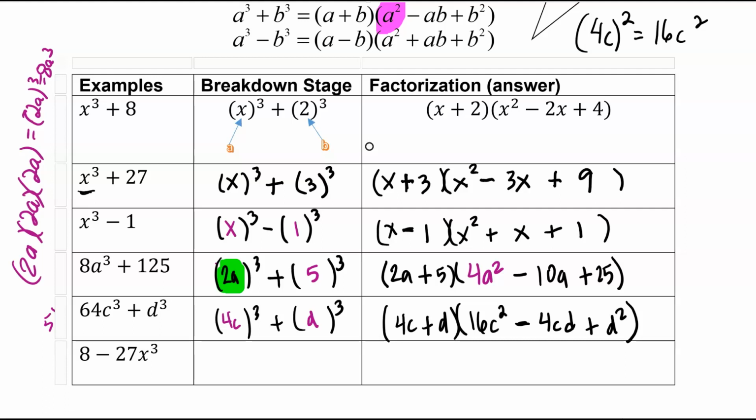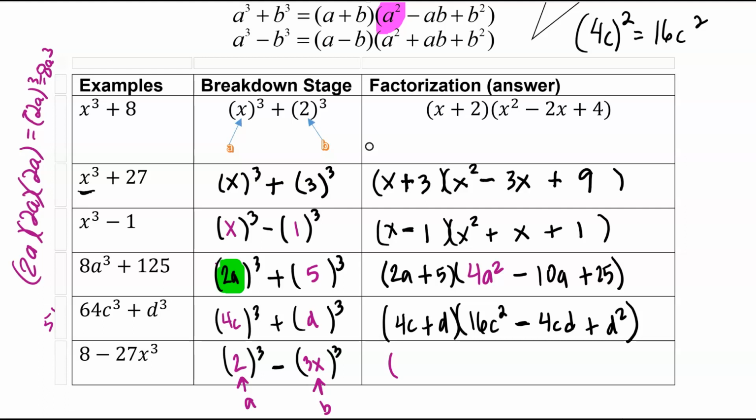So again, you're going to put parenthesis cube, but this time let's put a minus sign, and we determine what cubed is 8. That would be 2. What cubed is 27x cubed? It'll be 3x. And so our A would be 2 and our B would be 3x.